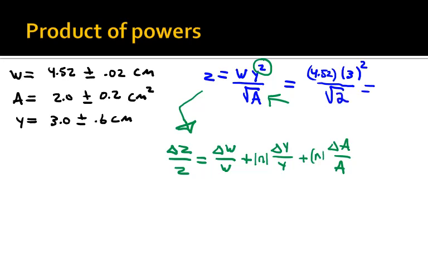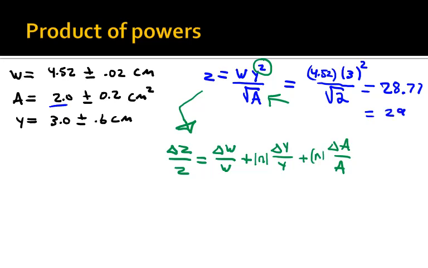Okay, and so when we do that, let me do that real quick. 4.52 times 3 squared divided by the square root of 2, we'll get 28.77. Okay, 28.77, and we're limited by the number of sig figs here, which would be 2, so this would round to 29.